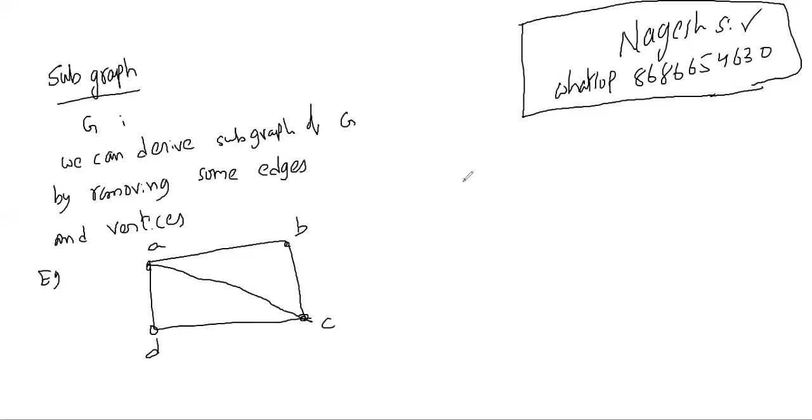A subgraph is formed when you remove any of the edges and vertices. For example, A, D, C. This is a subgraph of the given graph. This is the G graph and its subgraph is this one. So by removing some edges and vertices, whatever resultant graph you get is called a subgraph.